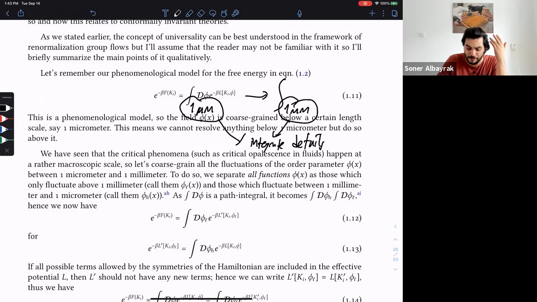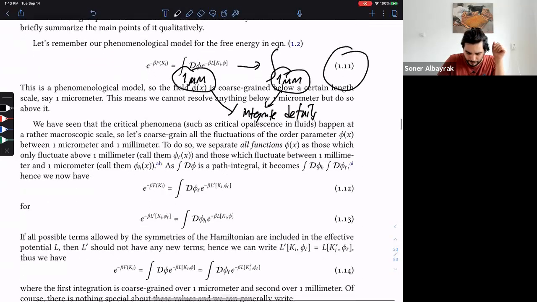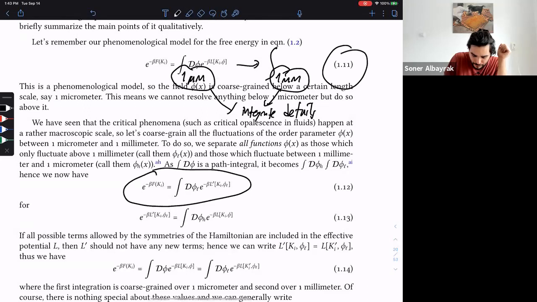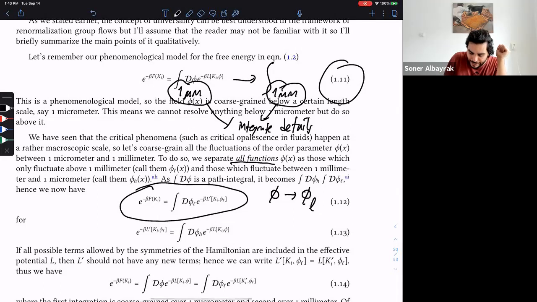I'm changing it from 1 micrometer to 1 millimeter. This shouldn't really affect anything because critical opalescence is a very macroscopic thing, right? So instead of writing it like this, I am writing it like this. Now, instead of using phi, I am doing it with phi_L, because I decompose all functions phi(x) into 2 parts.